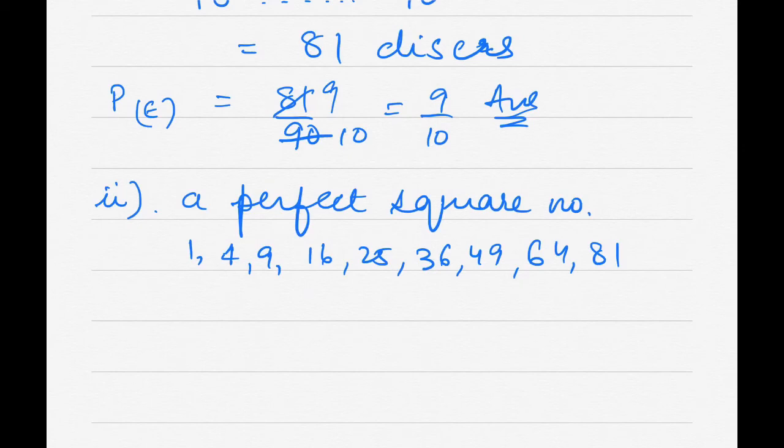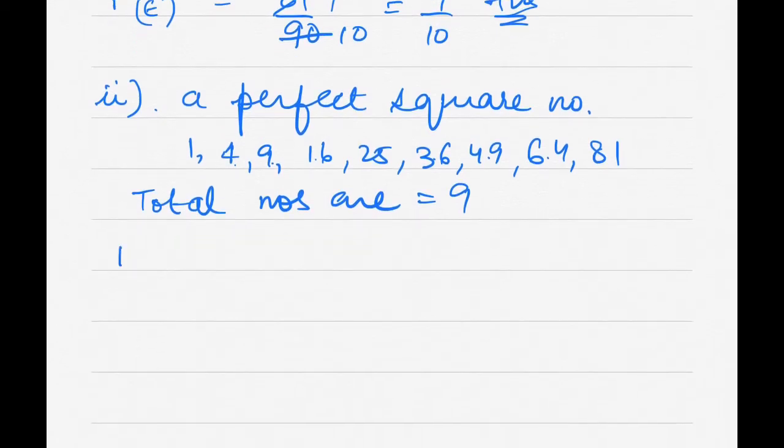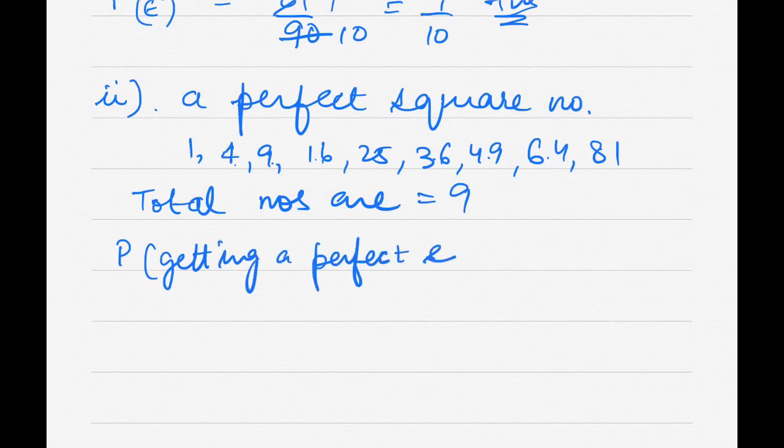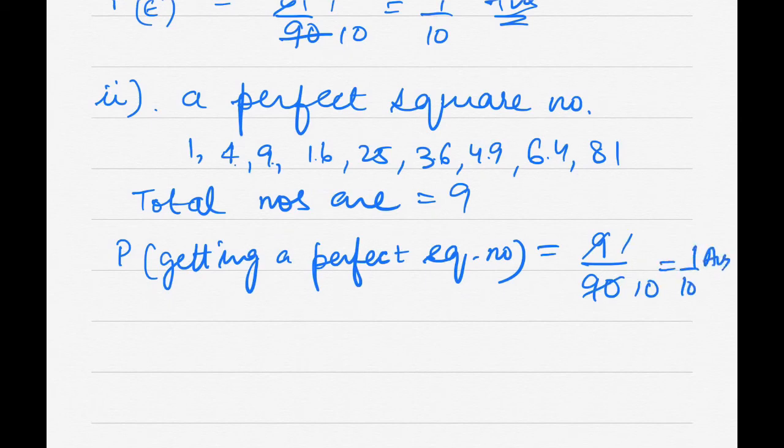Total numbers are 1 2 3 4 5 6 7 8 9. So 9 perfect square numbers between 1 and 90. So the probability of getting a perfect square number has 9 favorable outcomes and 90 total outcomes. So 1 by 10 will be my answer.